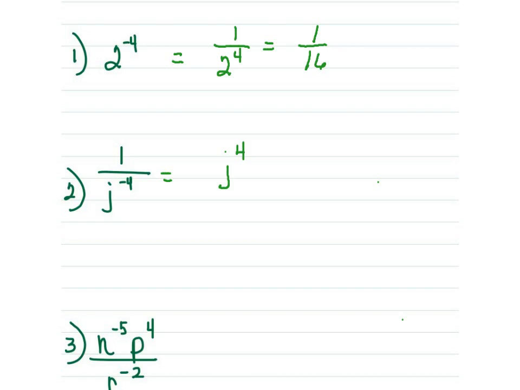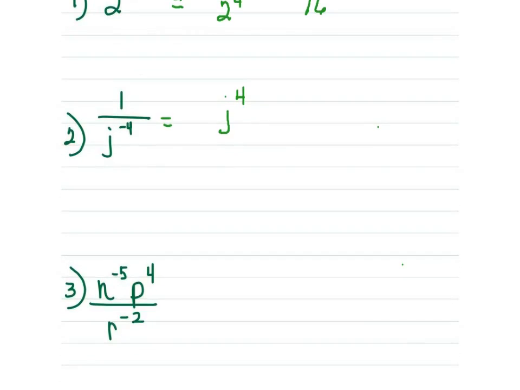Number 3, n to the negative 5th power, p to the 4th, divided by r to the negative 2. So let's set up our problem, and let's work with n to the negative 5th power.